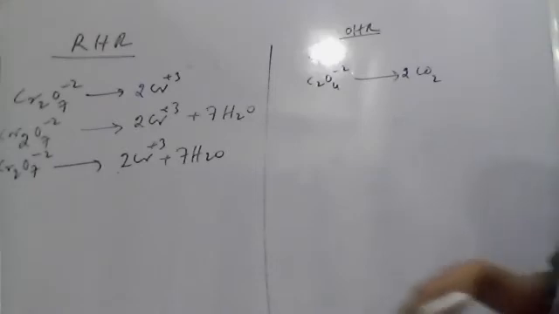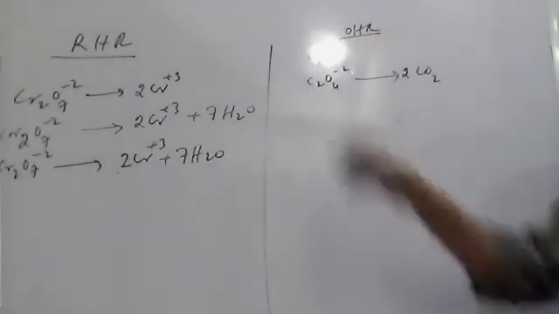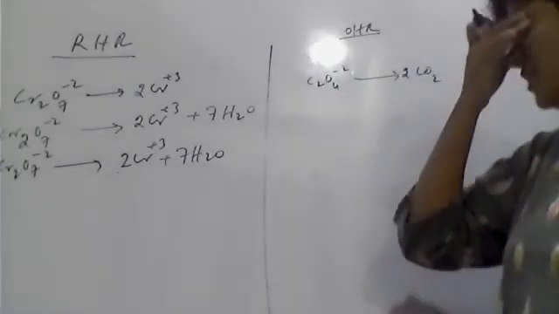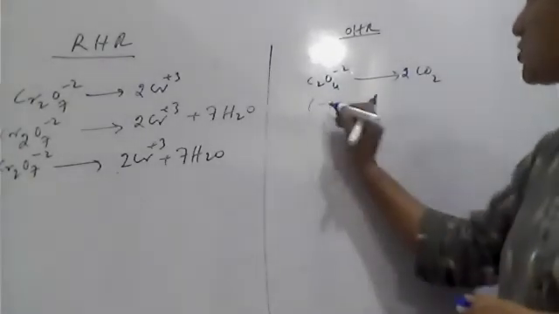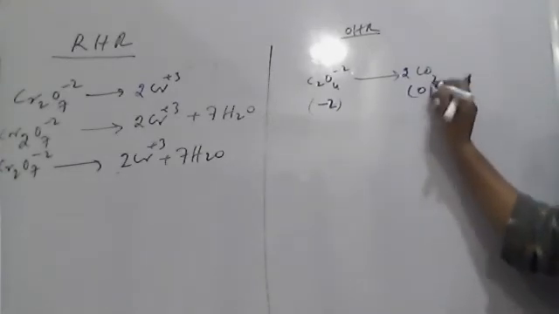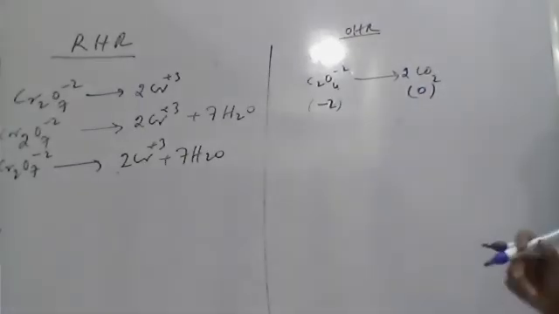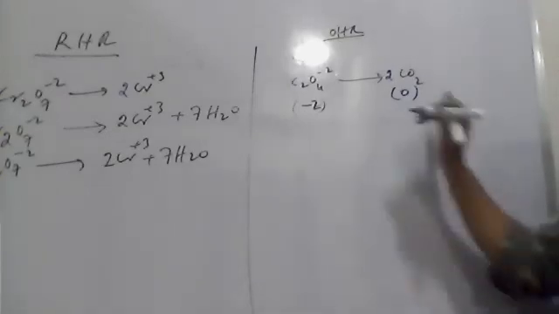Now we'll next go for the charge. What is the charge at the left side of the oxidation half reaction? Minus 2. Next, on the right side, 0 charge. Which is more positive, minus 2 or 0? 0.